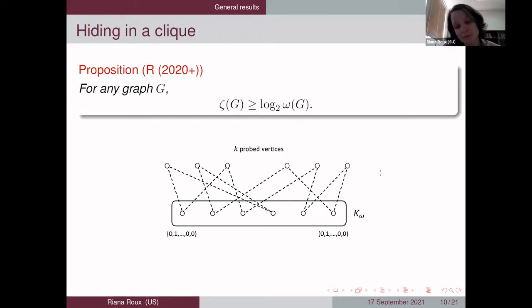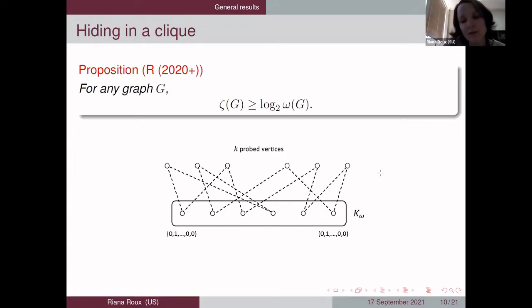Now, the clique number of a graph is the cardinality of the largest maximal complete subgraph in a graph. So it is the largest set of vertices that are all connected in our graph. We are going to show that if we have k probe vertices, then the largest value that this clique can have is 2 to the power of k.